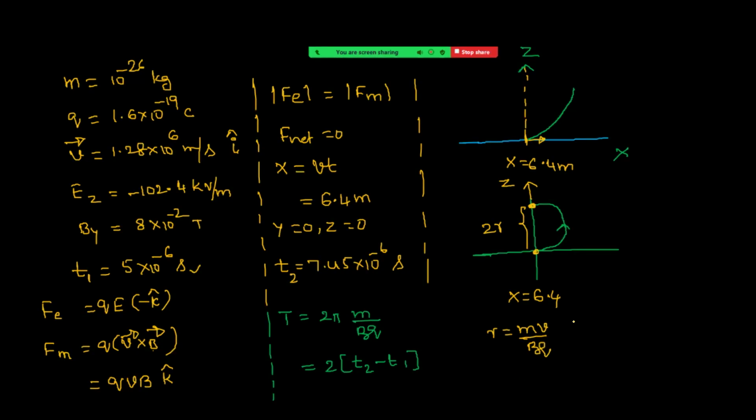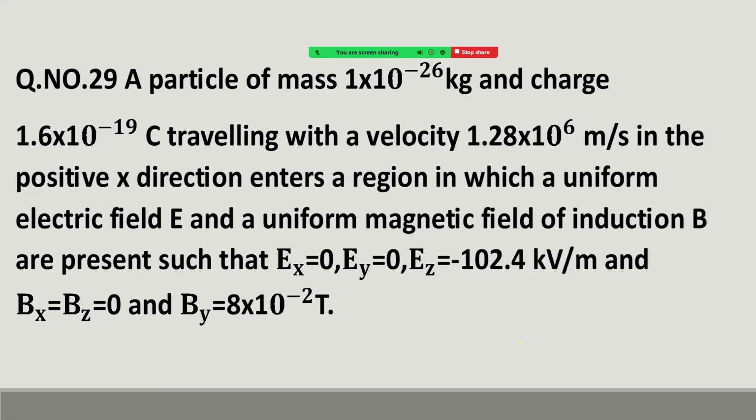That means the x coordinate is 6.4 meter, the y coordinate is 0, and the z value is 2r. You can find the value of r, where r equals mv by bq. So here all values are known. I hope you got clarity. Let us see the next one.